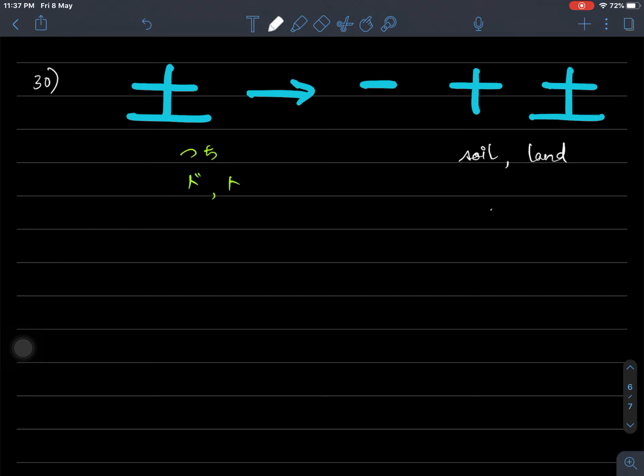So as I said, even though the meaning of the kanji given here is soil and land, it extends to all associated things like the ground, the earth, etc. These shades of meaning are conveyed by this kanji.